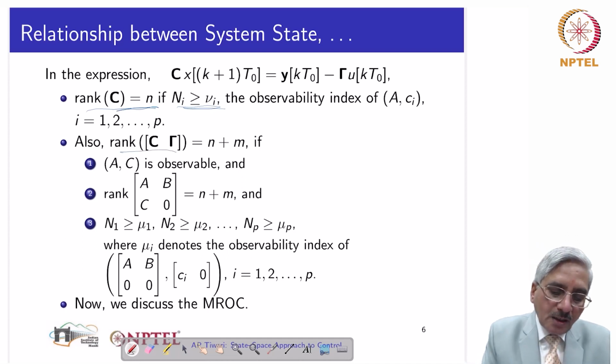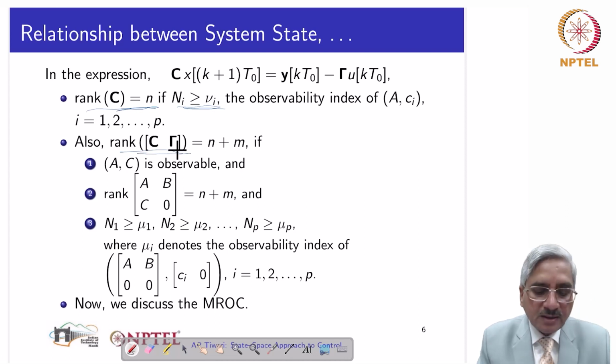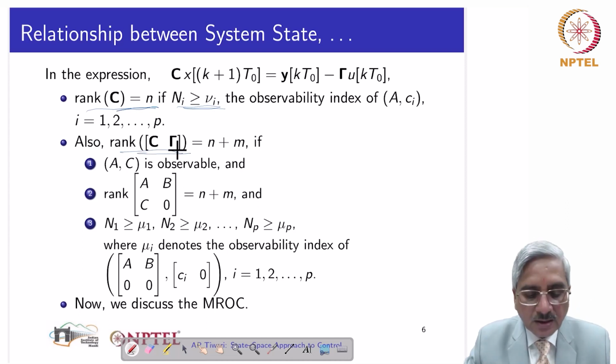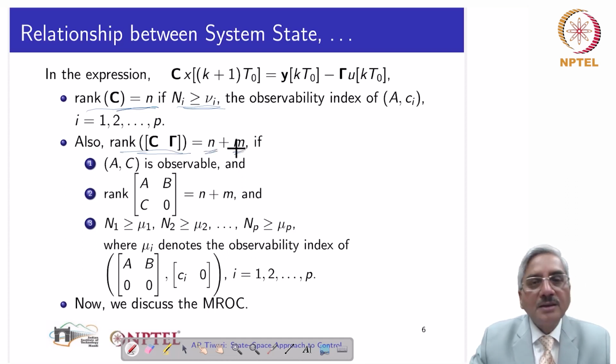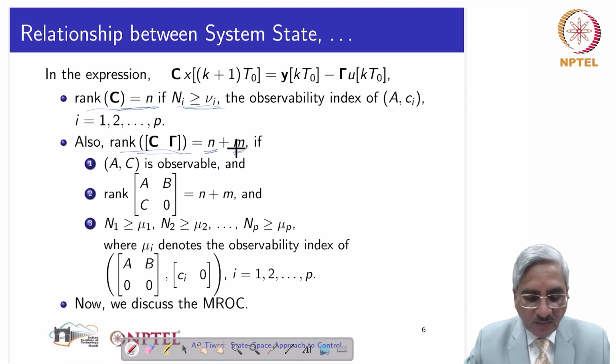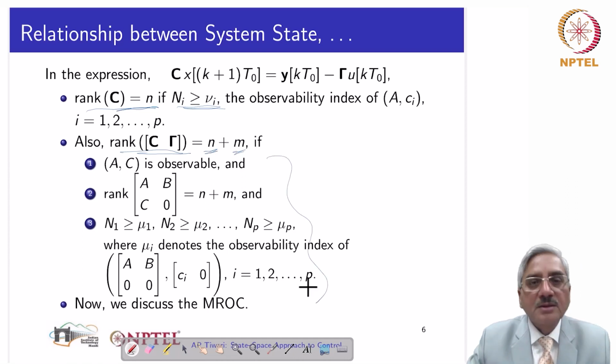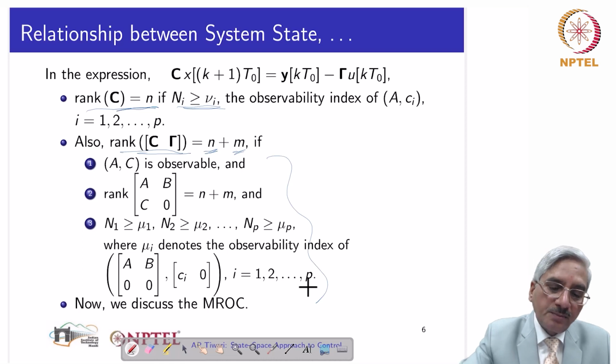And also the rank of this augmented matrix, bold C and bold gamma, will be the sum of the system order and the number of inputs, subject to these conditions. These we saw in the previous lecture.